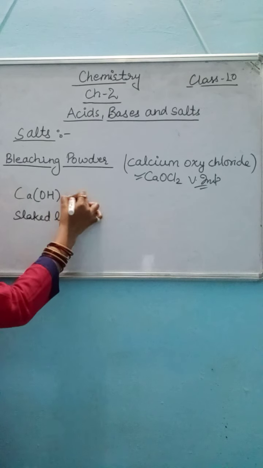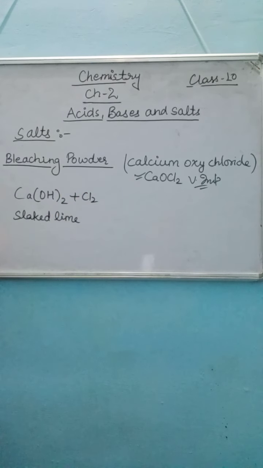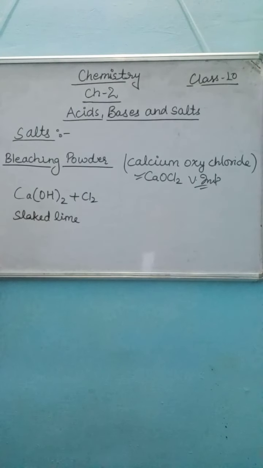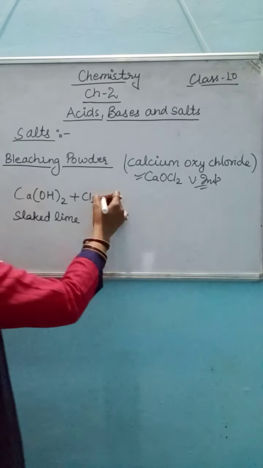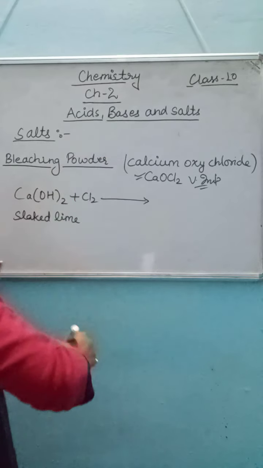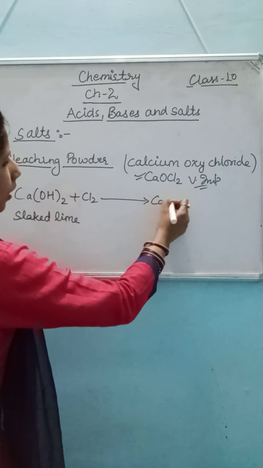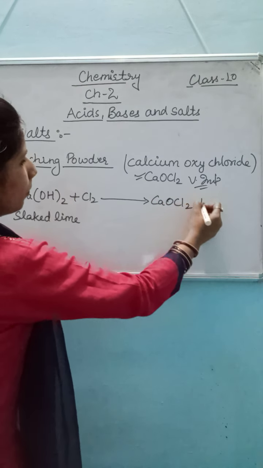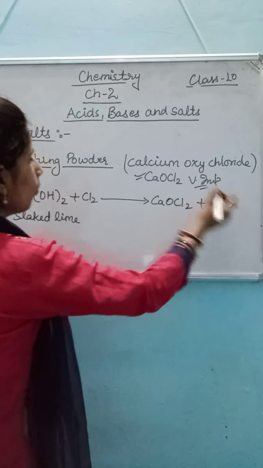And we get the chlorine gas from the chlor-alkali process. In the chlor-alkali process, chlorine gas was produced, so that chlorine gas we also use in the production of bleaching powder. Whenever chlorine gas acts on dry slaked lime, bleaching powder is produced with water: CaOCl2 plus H2O.